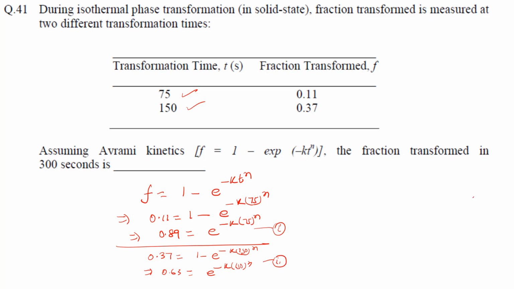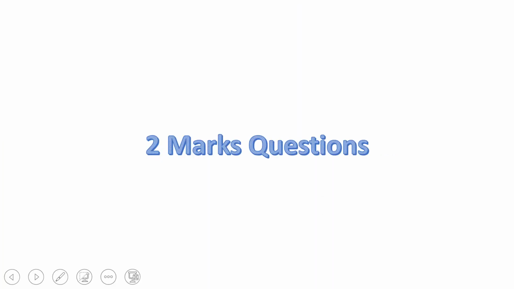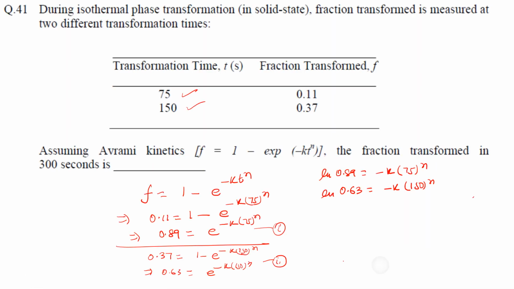Next we will take log of each equation. So we will take natural log: ln 0.89 is equal to minus k 75 to the power n. In the second case it will be ln 0.63 is equal to minus k 150 to the power n. We will divide these two. When we divide these two, ln 0.89 by ln 0.63, k will be cancelled, right?